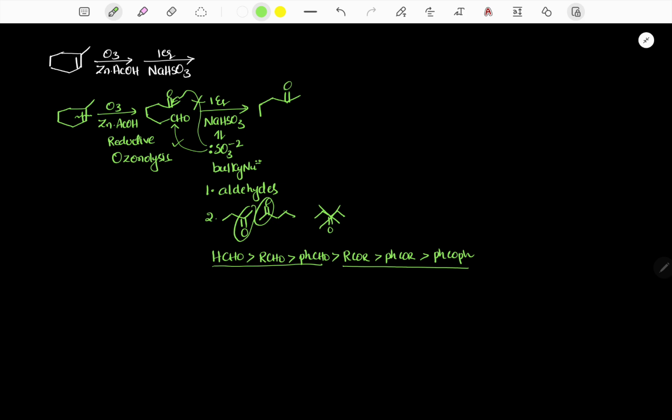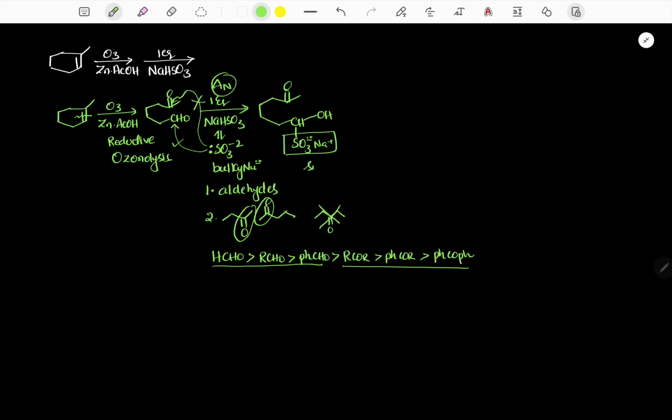Ketone remains unreacted, and at the aldehyde carbon, because of nucleophilic addition, it converts into SO3 minus with counter ion Na plus and O minus, and that will be converted into OH. So it is simply nucleophilic addition. Now it is an ionic compound.